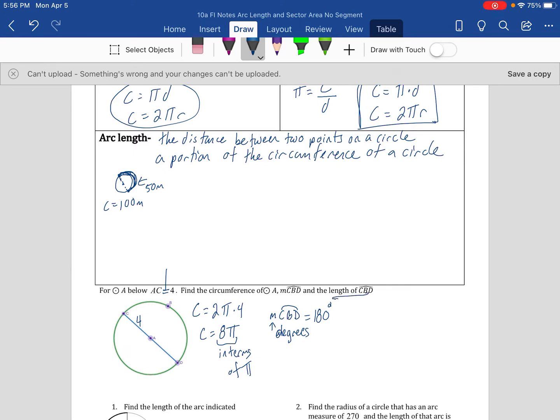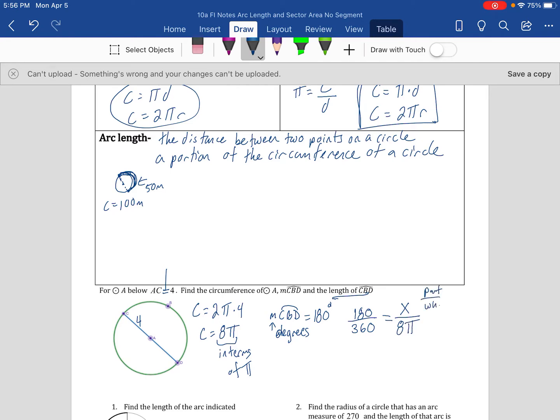And so it says find the length of CBD. Well, I know 180 over 360 is equal to, because the measure of my arc over 360 is equal to the length of my arc over 8 pi.